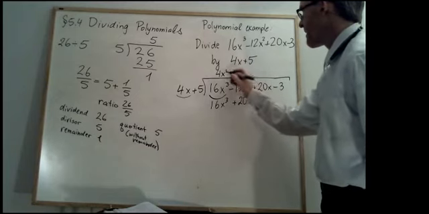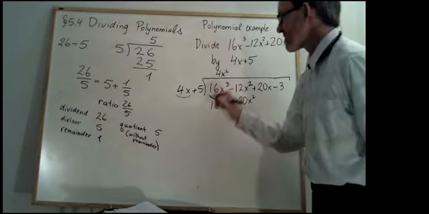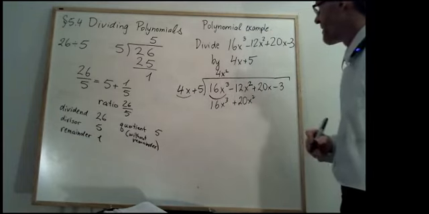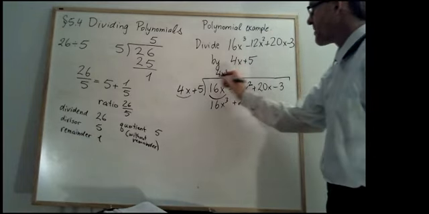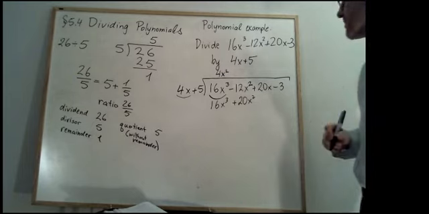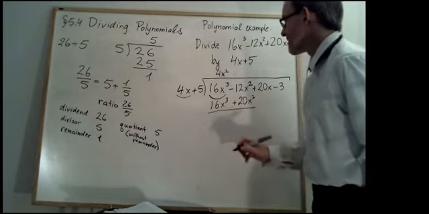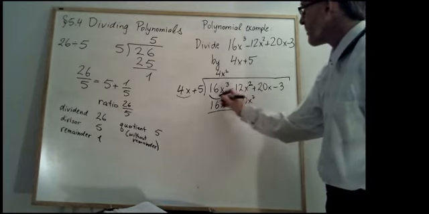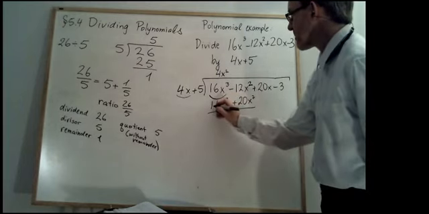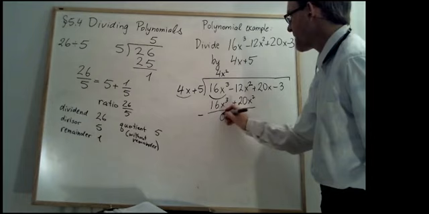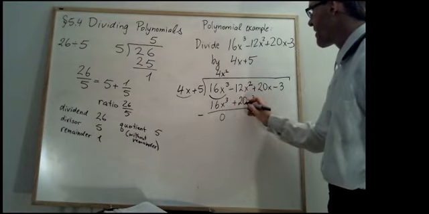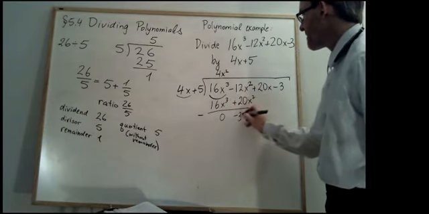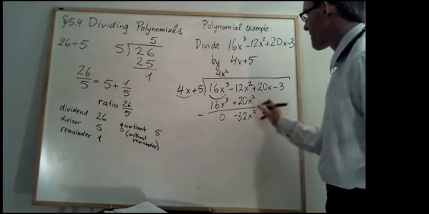So I multiply 4x squared by 4x and then by 5, using the distributive law to get both of these terms. And then I subtract. This term will cancel this, and I'll get 0 here, and here I'll get minus 12 minus 20, which is minus 32x squared.